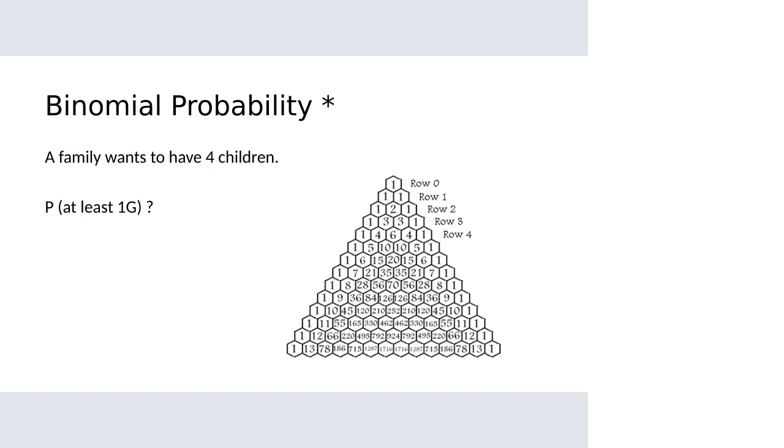Okay, let's try another one. This time, a family wants to have 4 children. So make sure you use row 4. And then my question for this poll will be, what's the probability they have at least one girl?